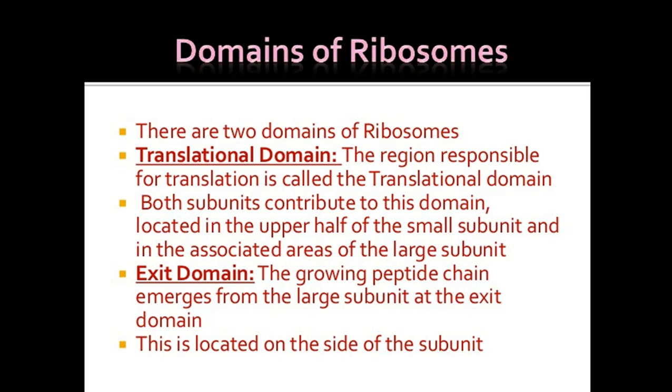What is the basic structure of a protein? The fundamentals of a protein are nothing but amino acids, which are linked with the help of peptide linkages and form a long polypeptide chain, which later becomes a protein. The growing peptide chain emerges from the large subunit at the exit domain.